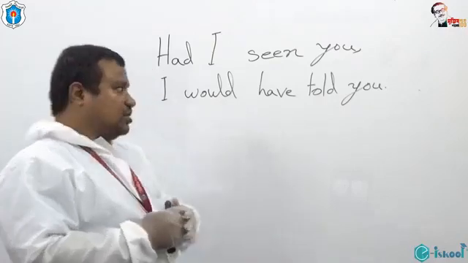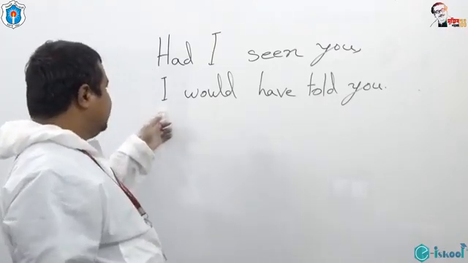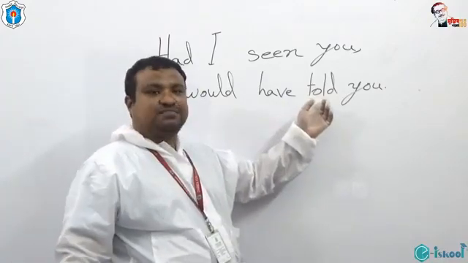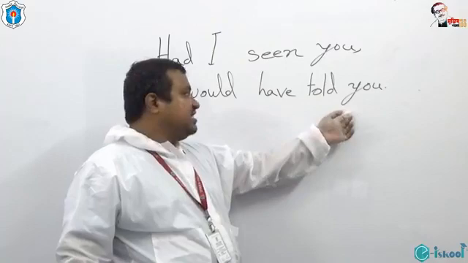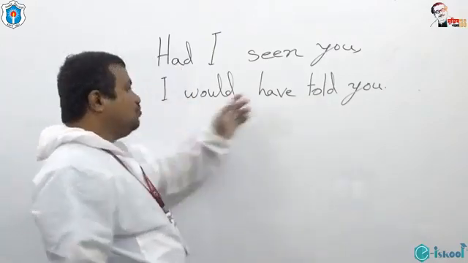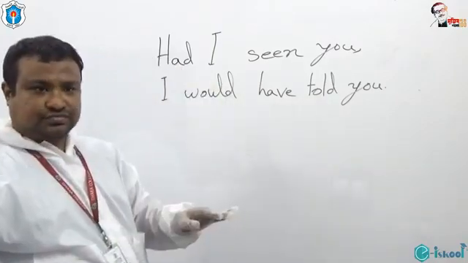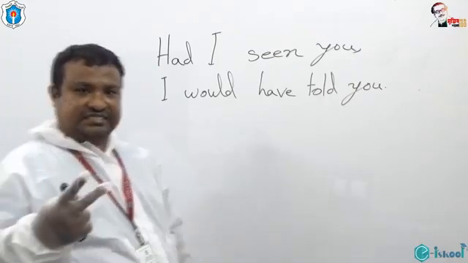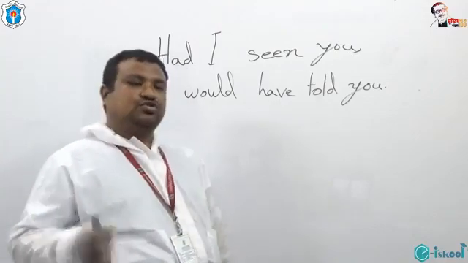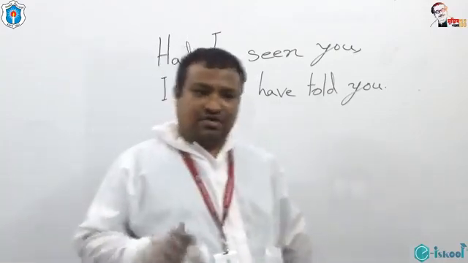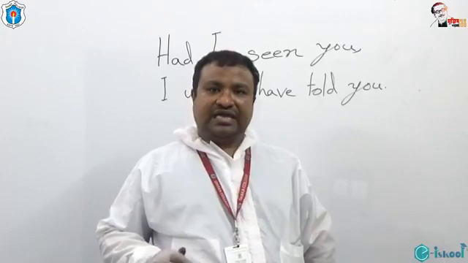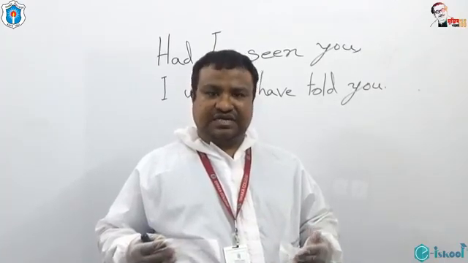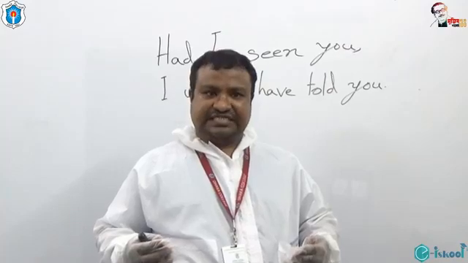In the principal clause, it will be subject plus would have plus the past participle of the main verb and then the object. I would have told you. So we will use would have in two cases. Earlier we used would have or might have when we were using if plus past perfect tense.